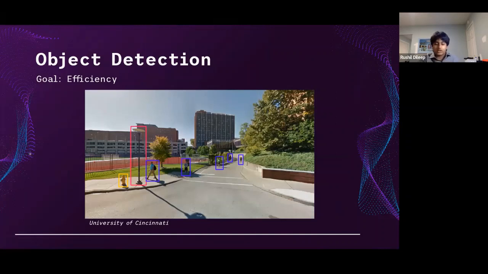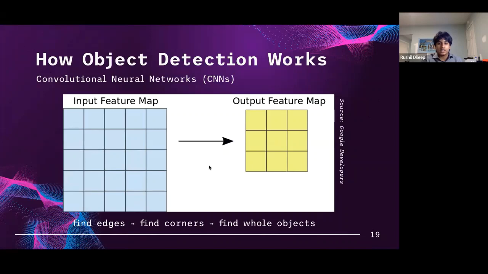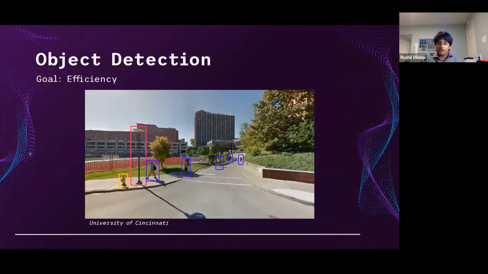Since we took the code from an open source, we didn't necessarily have to train the model ourselves, and it already came with, I think, 80 object classes. A tree and a person are common. So we just had to input the photos and have it detect them for us.